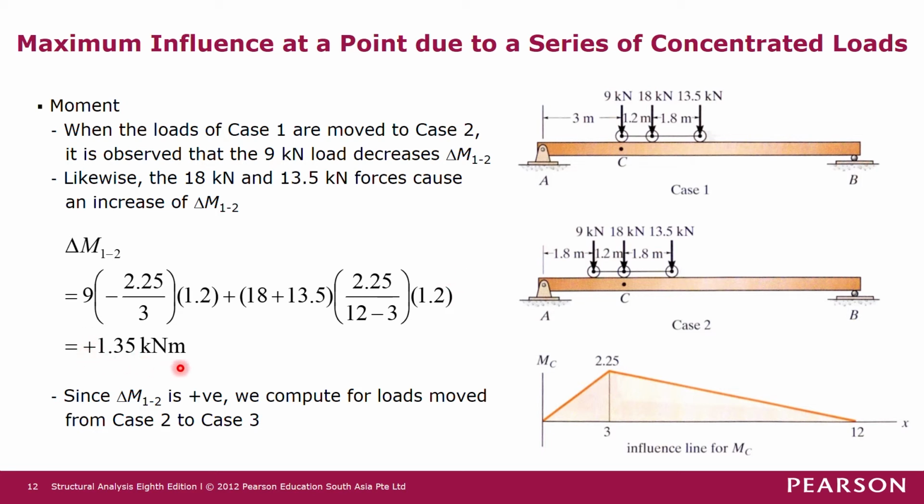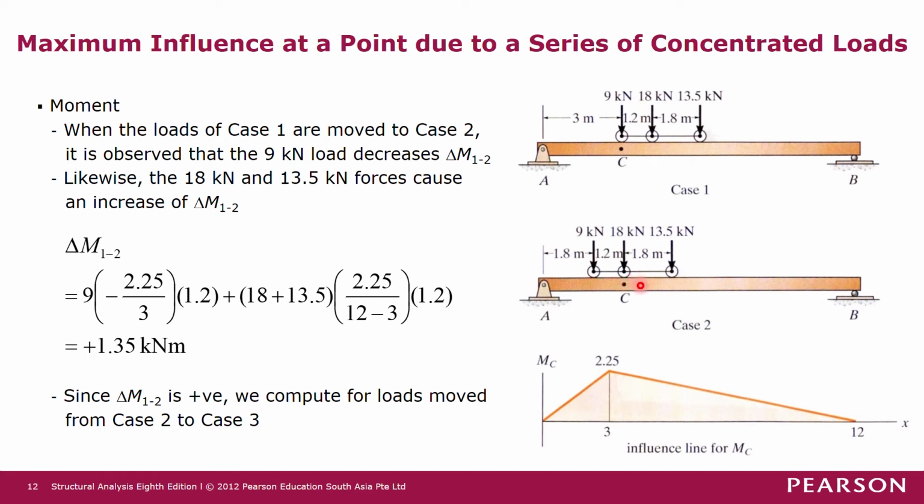So we get a positive change in moment from case 1 to case 2. So meaning that case 2 will yield a higher bending moment than case 1 for MC, right? So this is only the moment at point C.